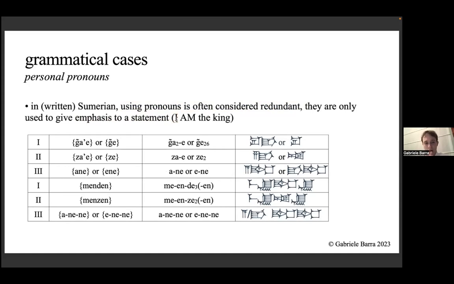So yeah, in Sumerian, not just in Sumerian, in most languages where you have very distinct verbal conjugation forms, you clearly understand who is doing the action by looking at the form of the verb. So when they have different suffixes and prefixes, sometimes pronouns can be redundant.